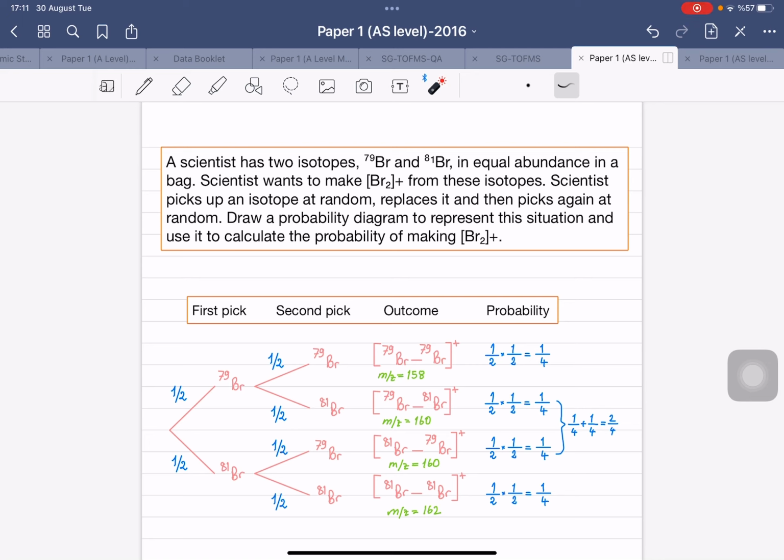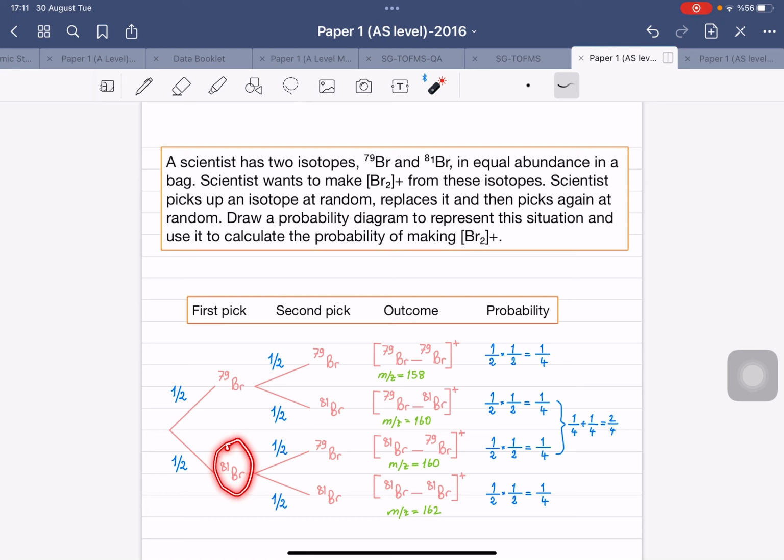And then I may pick bromine 81. In my first pick, I can pick up bromine 79, which has a probability of 1 out of 2, or I can pick up bromine 81.